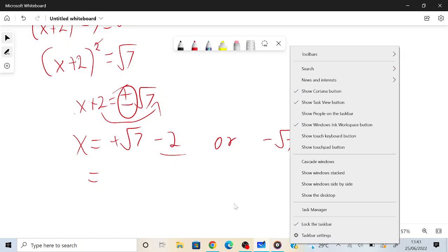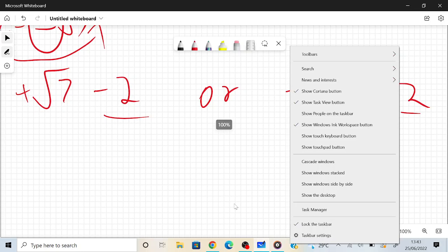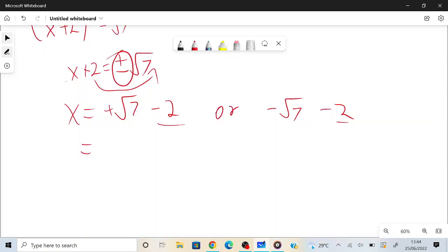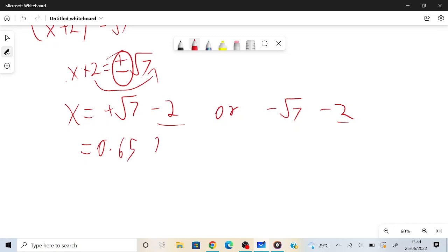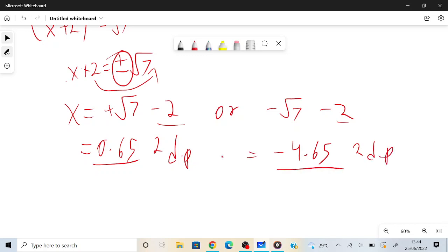Doing these two separately, the first answer would be root 7 minus 2, that is 0.65 to 2 decimal places. Please make sure you work with the limit of accuracy. And your next answer, minus root 7 minus 2, would be minus 4.65, also to 2 decimal places. And those are the two answers for this question.